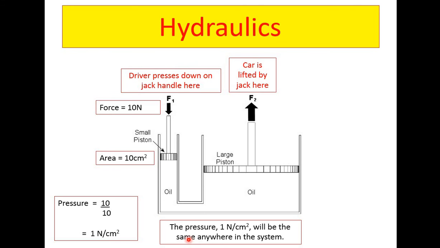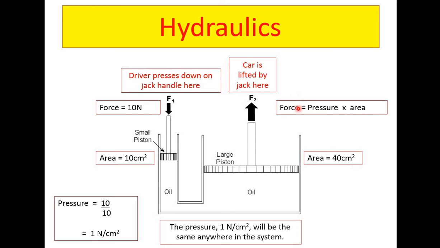Remember, the same. Let's say the area for the second part, which is the large piston, is 40 cm². Then you have to multiply by the pressure. When you want to find the force here, as you know the pressure is always the same in every part, you just take the pressure formula and adjust it, so you get force equals pressure times area.